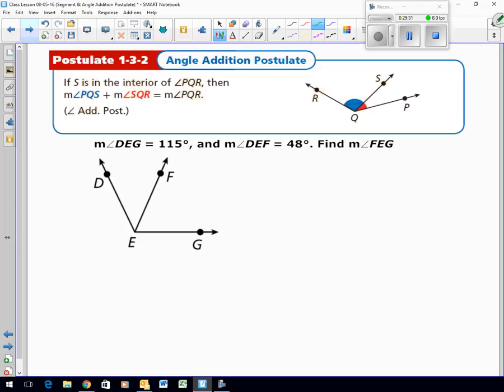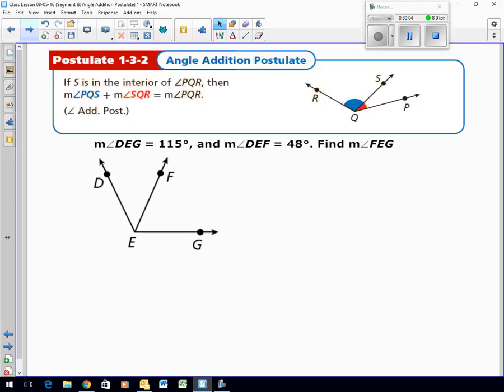We can name it angle PQR, angle RQP, angle Q. Or I could name it like angle 1.